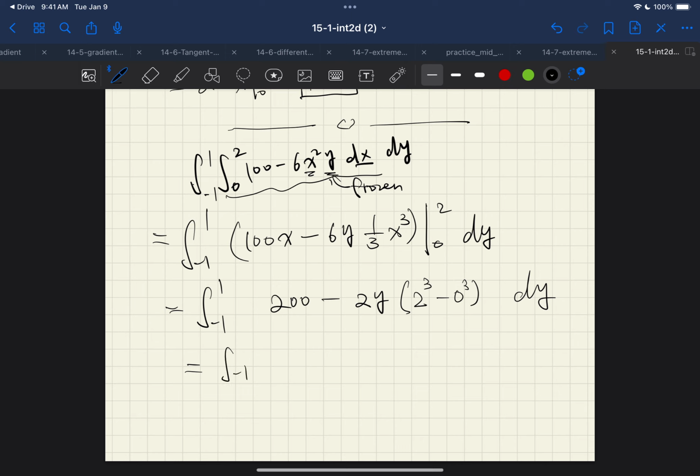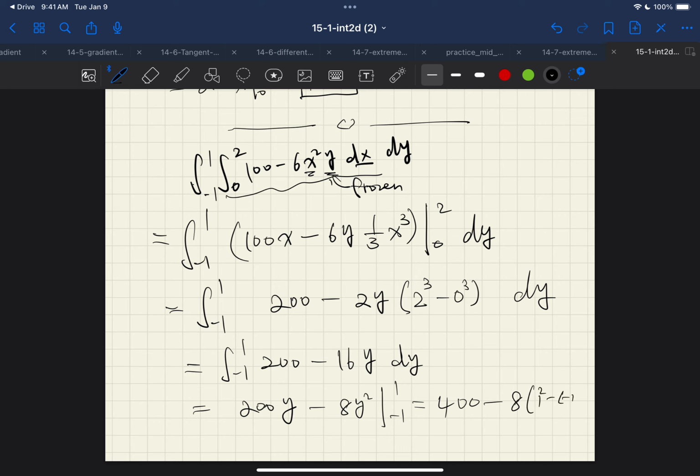So from negative 1 to 1, 200 minus 16y dy, and the antiderivative of this goes to single variable calculus, so 200y minus 8y squared from negative 1 to 1. So 400 first, and then 8 times 1 squared minus negative 1 squared, which is 0.